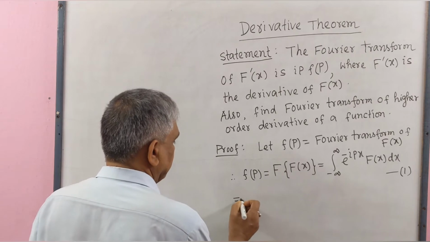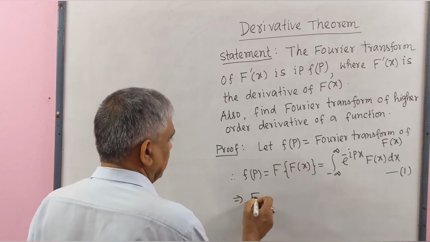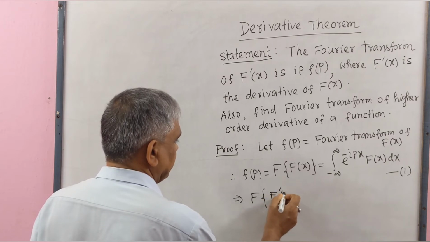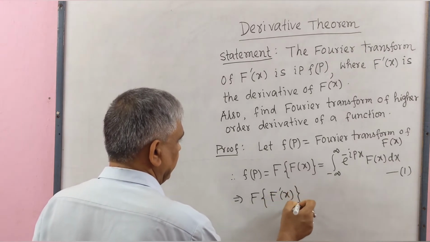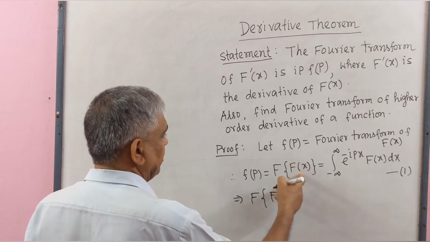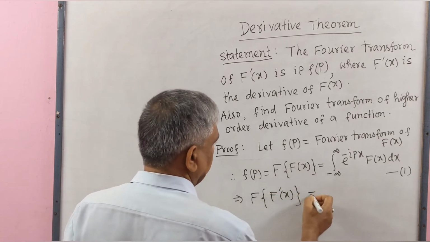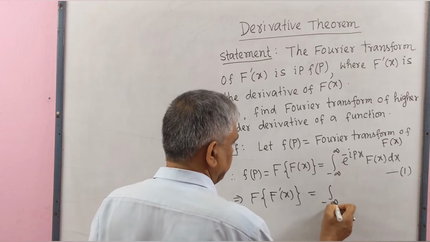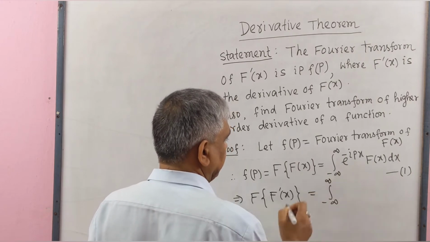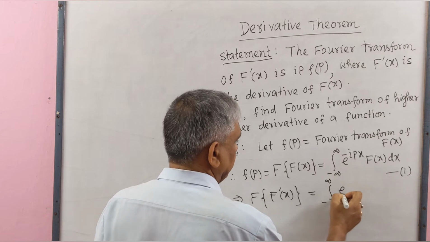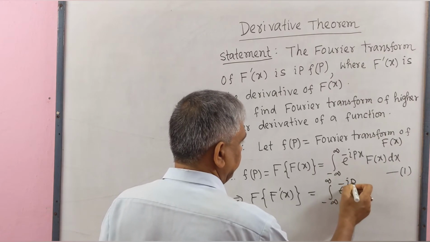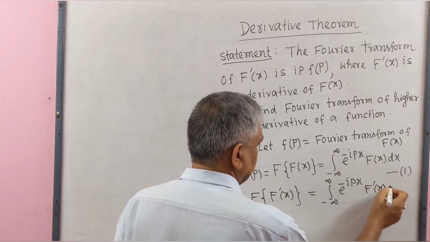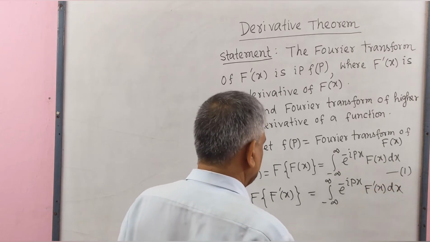It implies that the Fourier transformation of f dash x, we write f dash x in place of f(x). So on the right side also we write the same: integration from minus infinity to infinity of e to the power minus ipx f dash x dx.